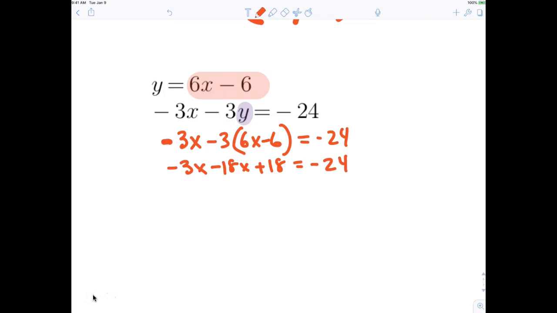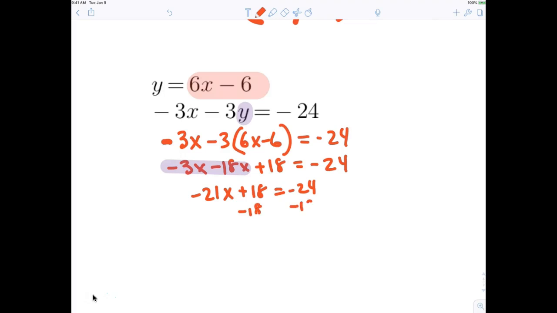Does everybody agree with that? All right, somebody help me with this. What is that the same as? Oh, we're adding it. Okay, negative 21. Yeah, negative 21x plus 18 equals negative 24.